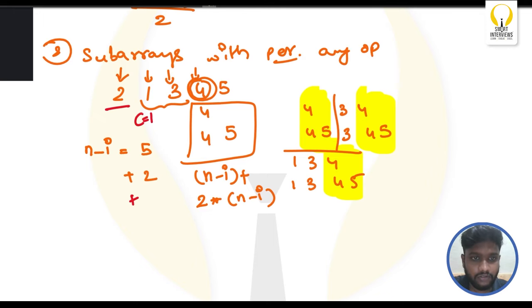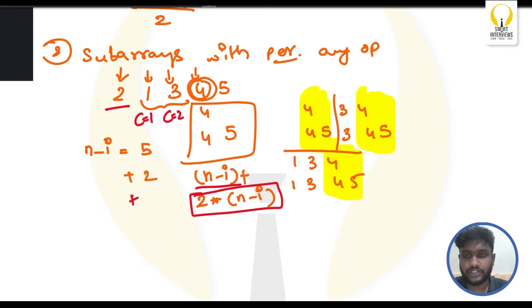So we have one odd variable, count is 1, next count will become 2. Again, whenever we find an even, we'll add the even value plus the count into the number of subarrays starting with this even value, and we'll get the number of subarrays without any operation.